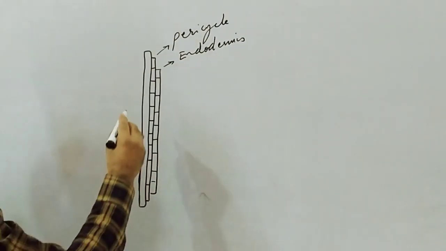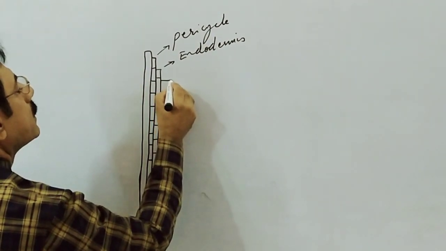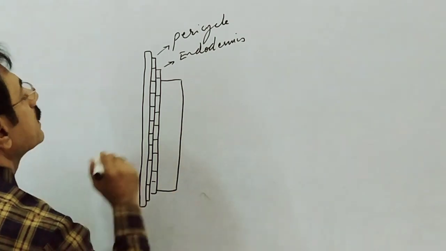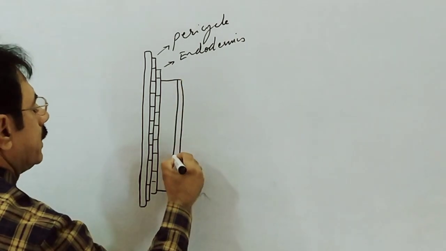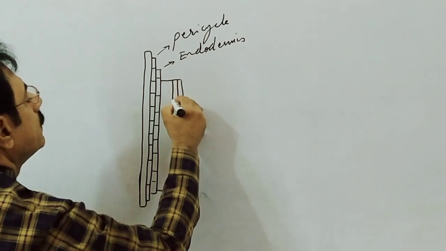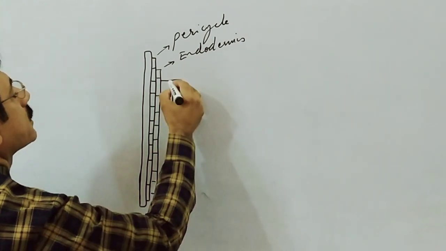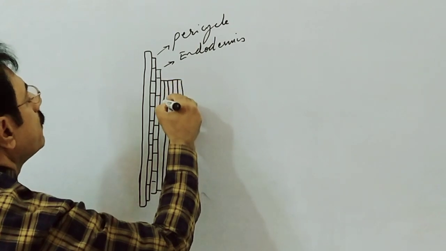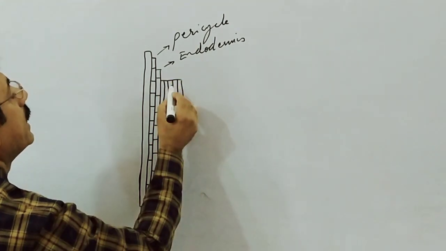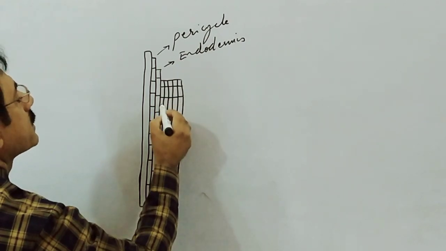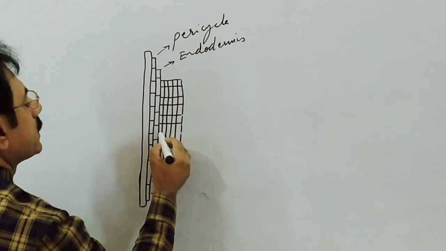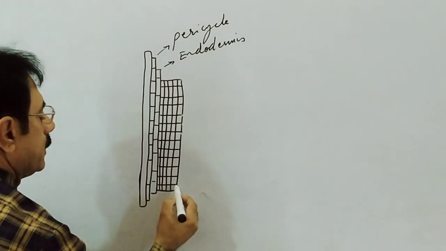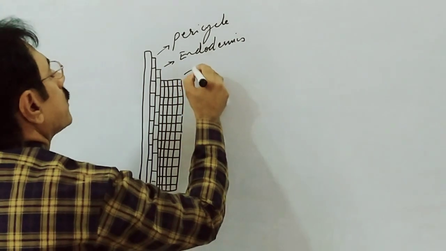Endodermis is surrounded by a cellular layer which is 5 cells in thickness. That cellular layer is called cortex.